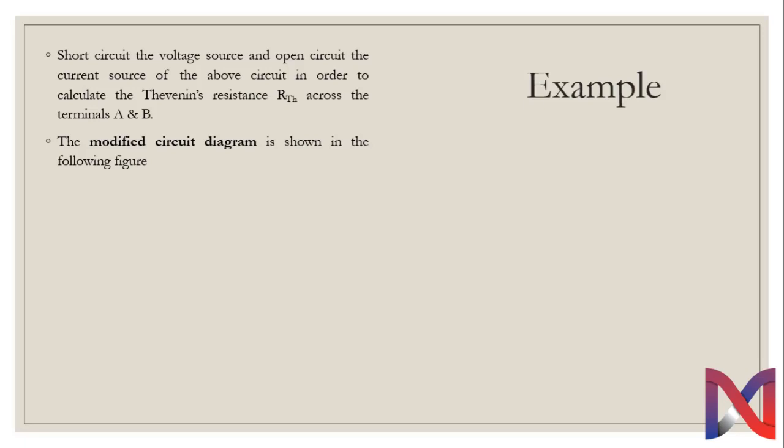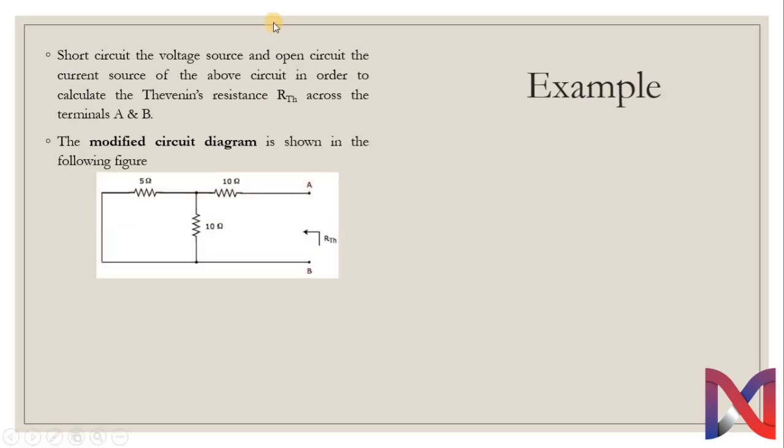Therefore, the modified circuit diagram is shown as this is how we remove our voltage source and current source.